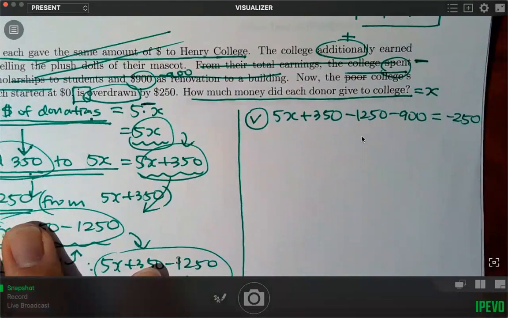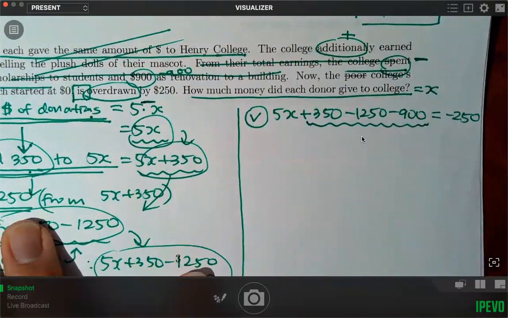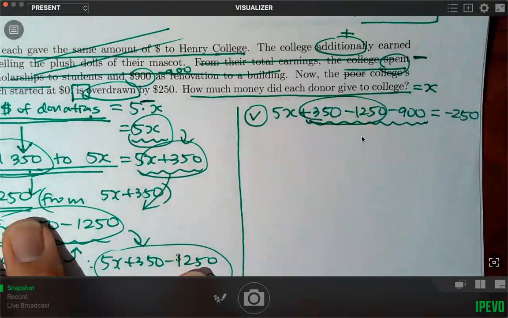Now, how do you solve this? There are plenty of like terms here, right? So let's first simplify these three numbers. So what do you do first? 350 minus 1250, right? What is 350 minus 1250?